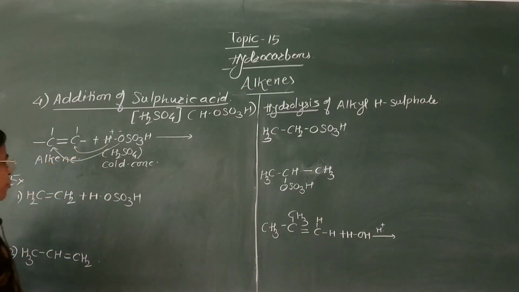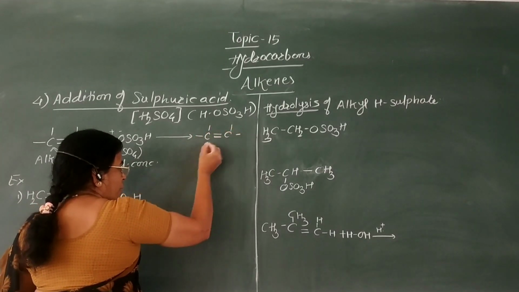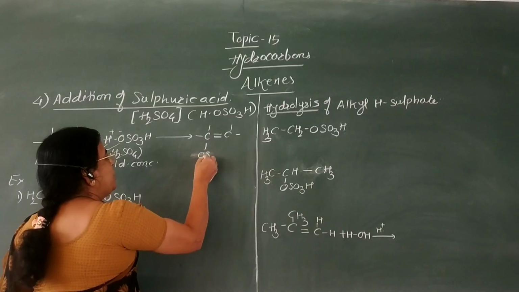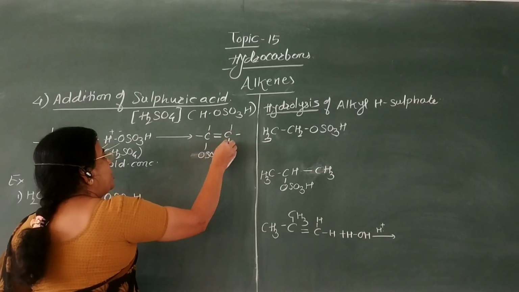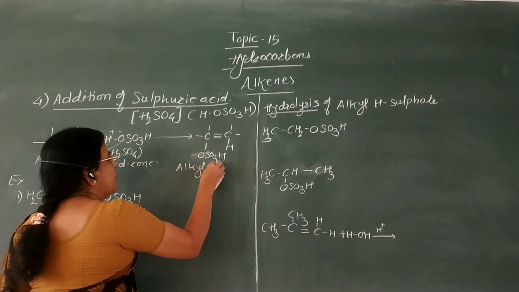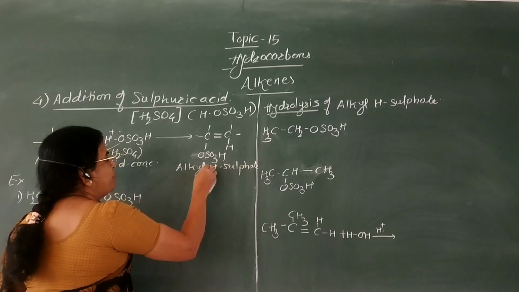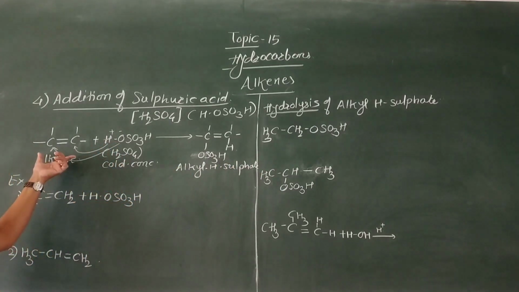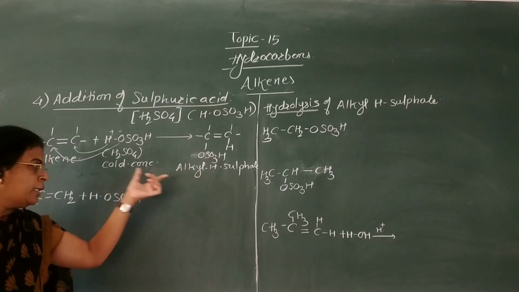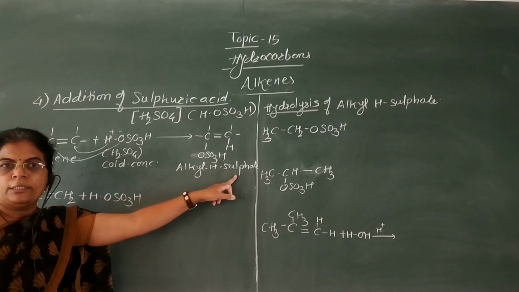Now here we will get OSO3H and H. This is alkyl hydrogen sulfate. That is, when alkenes are treated with cold and concentrated H2SO4, then simple addition reaction takes place to form alkyl hydrogen sulfate.